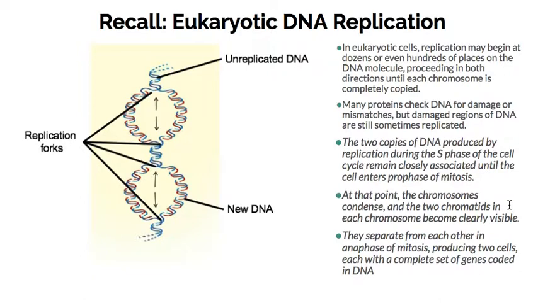Once it enters prophase, the chromosomes condense, and the two chromatids in each chromosome become visible. They separate from each other in anaphase of mitosis, producing two cells, each with a complete set of genes coded in DNA. So replication gets us ready to perform mitosis, so that after cytokinesis occurs, they each have a complete set of genes and DNA.